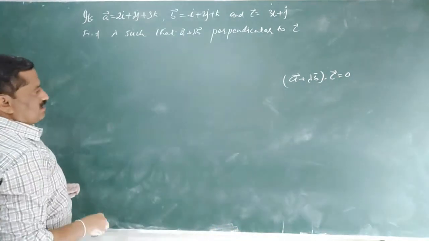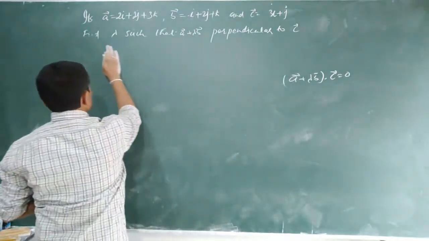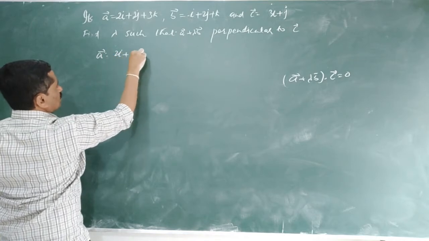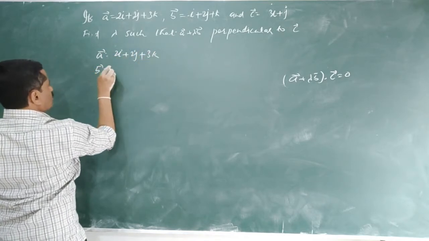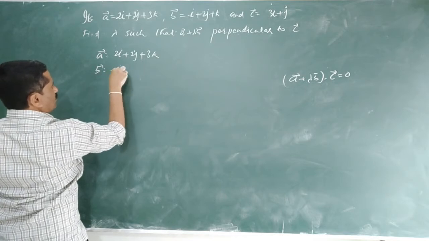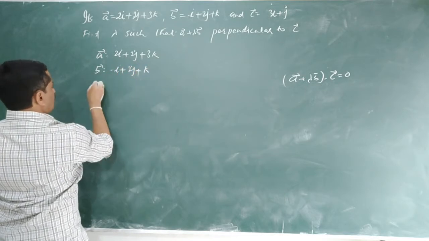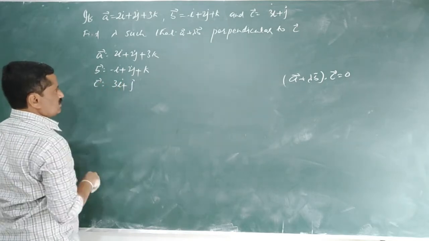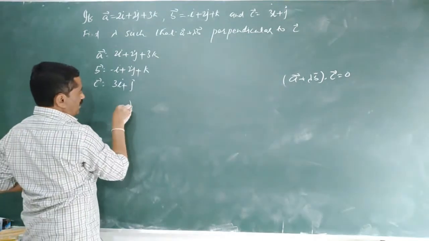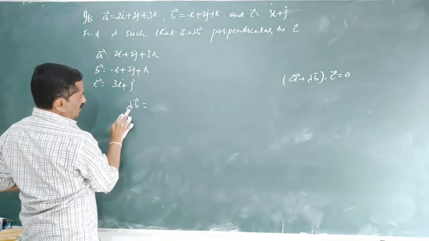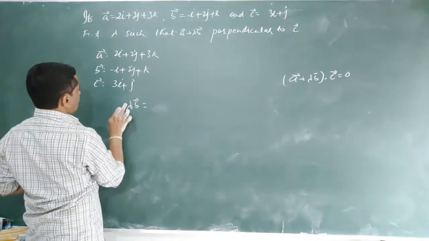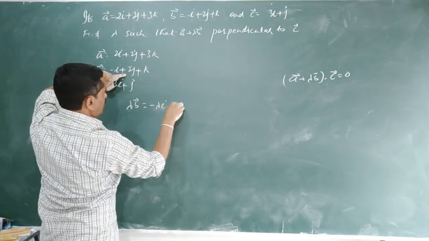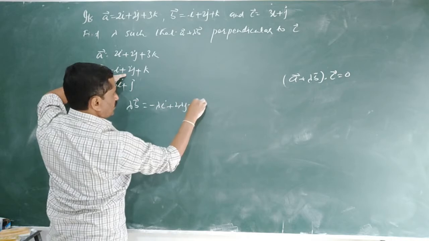So now we will find lambda into b bar. Given a bar is equals to 2i plus 2j plus 3k, and b bar is equals to minus i plus 2j plus k, and c bar is equals to 3i plus j. So now we find lambda into b bar, multiply lambda to each scalar component, so that is minus lambda into i plus 2 lambda into j plus lambda into k.